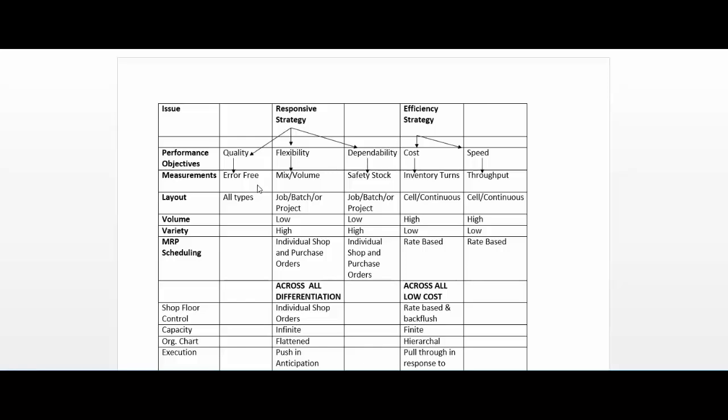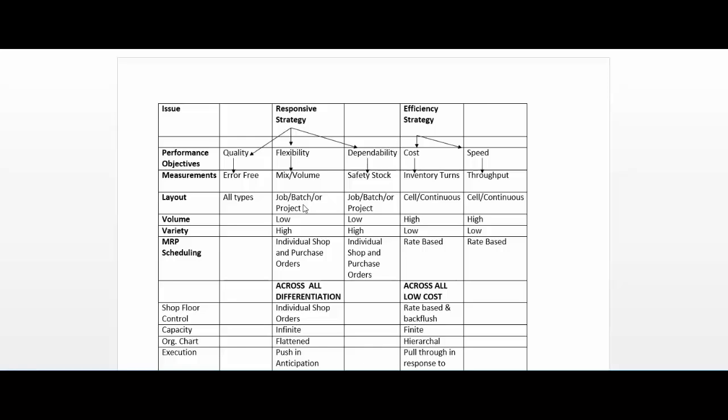With those two strategies of responsive or efficient, then typically there's two types of layouts. If I'm in an efficient strategy and I'm keeping things very inexpensive and fast throughput, then I'm going to lay out my factory typically in a cell or a continuous flow or some form of it, assembly line.